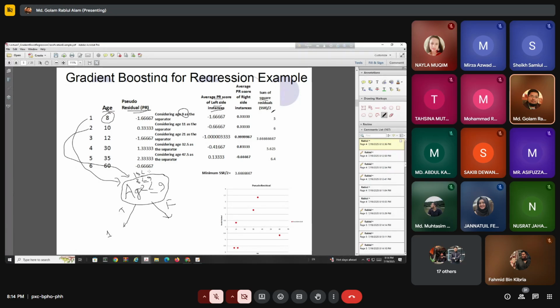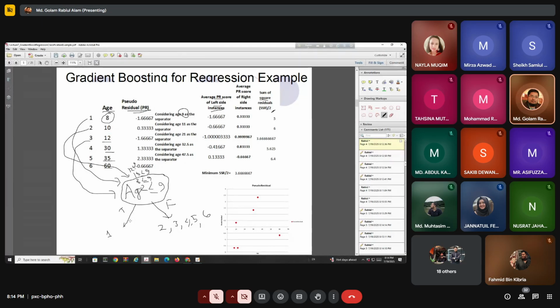No, false. So observation 2 goes here. Similarly 3 is 12. 12 less than 9 is false, so observation 3 goes here. Similarly 30, that means 4 will be here, then 35, so 5 will be here, and then 60, so 6 will be there.